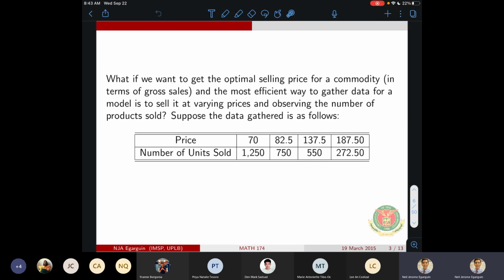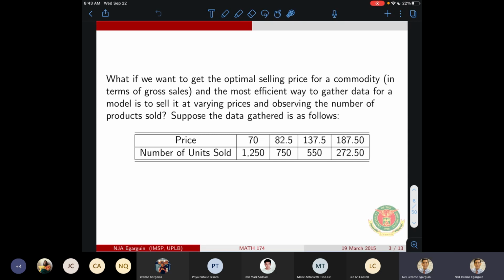Tapos tatanungin ka, magkano ko dapat siya ibenta para makuha ko yung maximum revenue? Of course, if you'll just look at this table, pwede mo siya ma-compute what's the best among the four prices by just multiplying the price and the number of units sold. Multiply mo, makukuha mo yung revenue. But you will have limited options. What if the optimal selling price lies between 70 and 187.50?